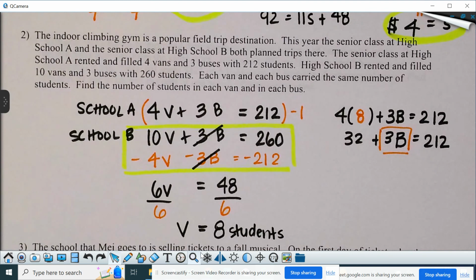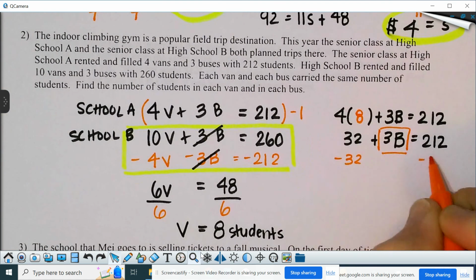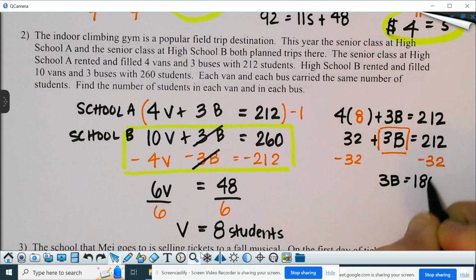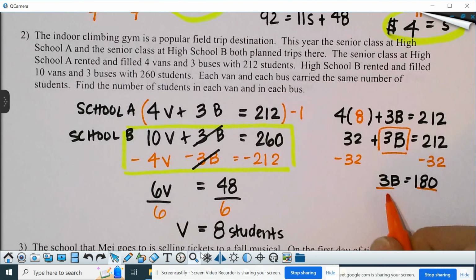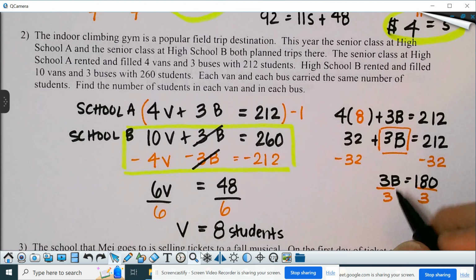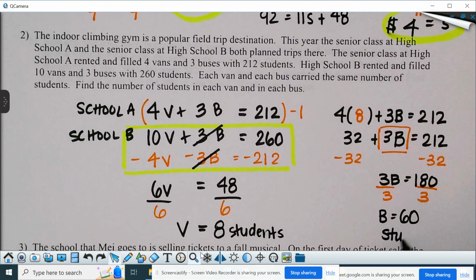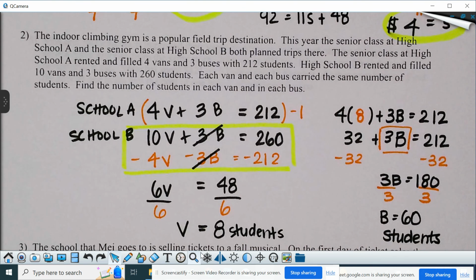So how many students fit on each bus? Good job.